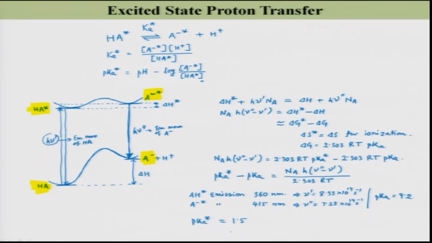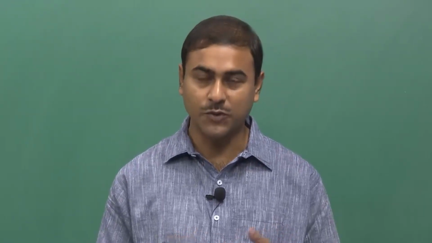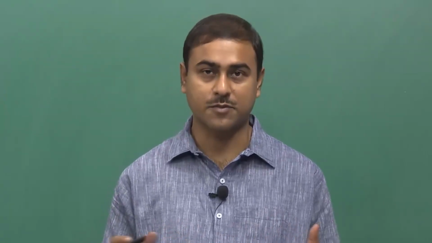Okay. So, now we should discuss the rate of this proton transfer. This is the pKa star, right, whether in the excited state the proton is more labile or not, and how to find out, that is what I have done now, right. But I should tell you how we will find out the rate of this kind of reaction, excited state proton transfer.